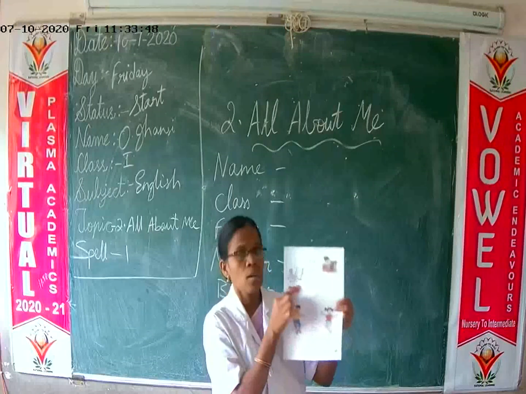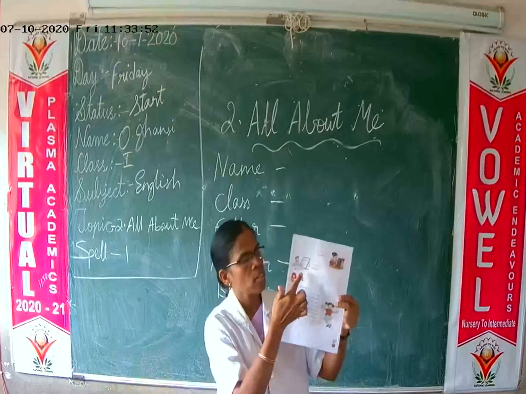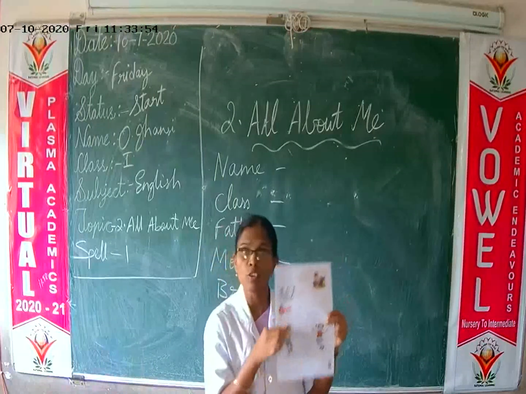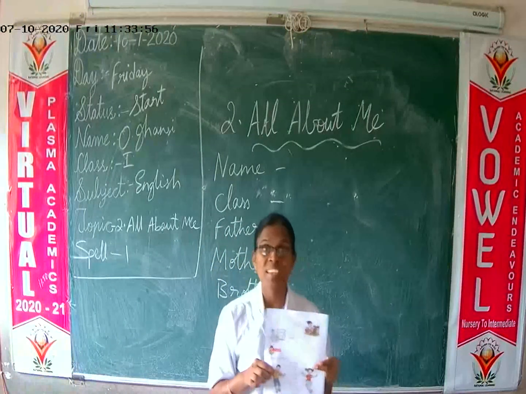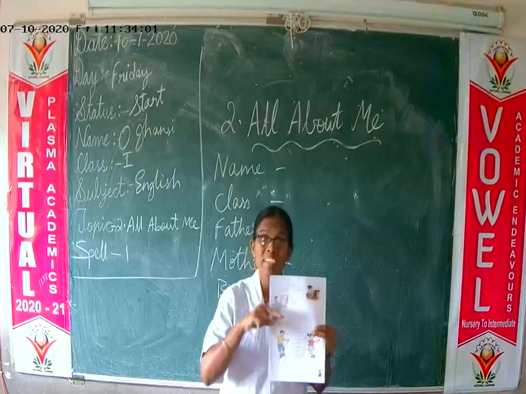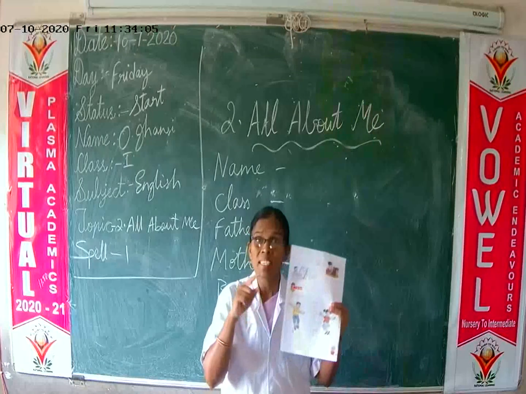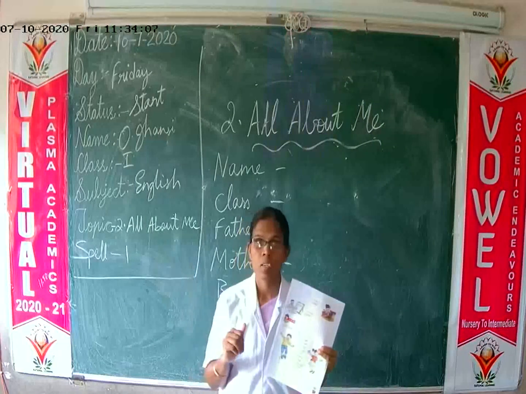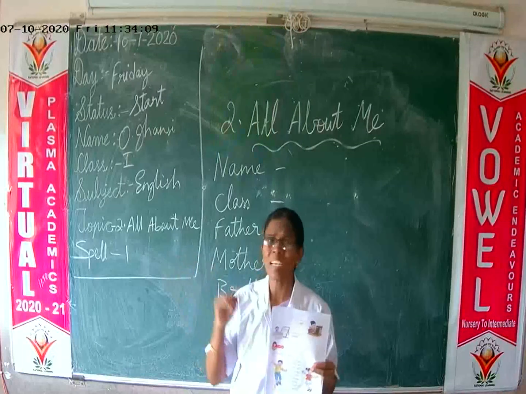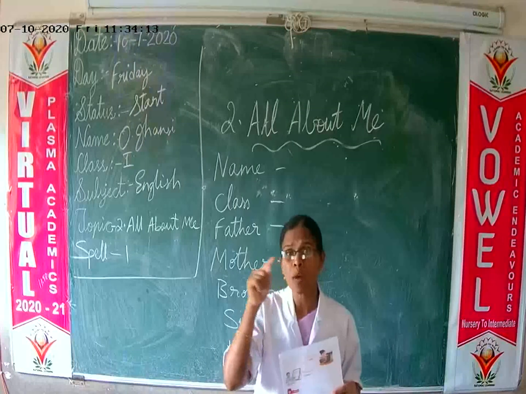Now, my father is an architect. So, Sarah's father is an architect. You know what is an architect? Yes. An architect is a person who makes designs for the buildings. So, before constructing the buildings, we need to have a plan.